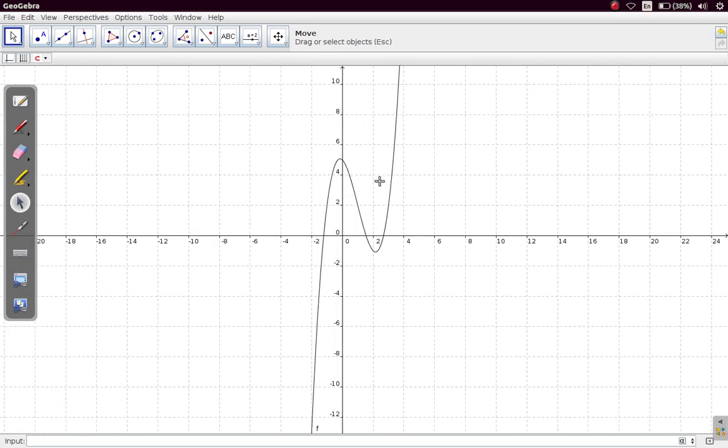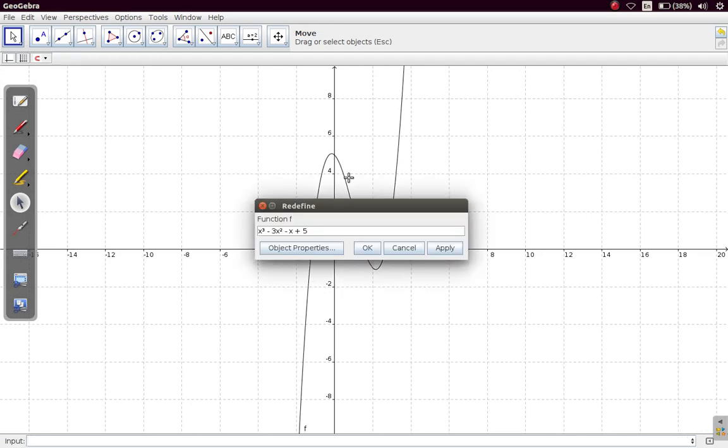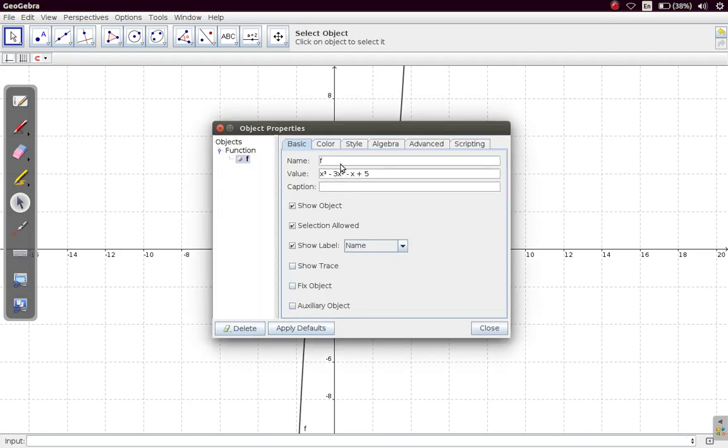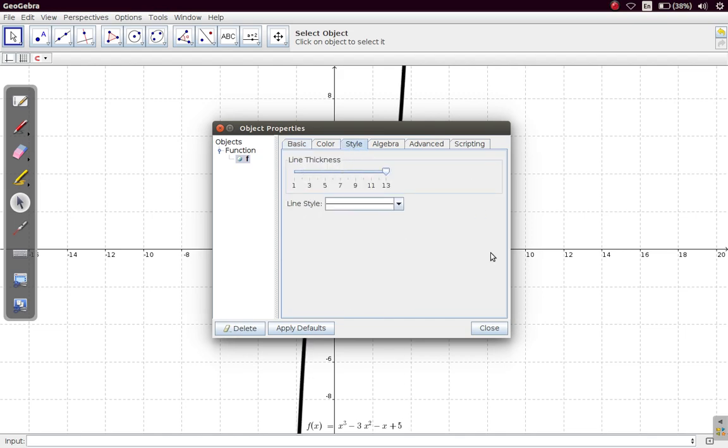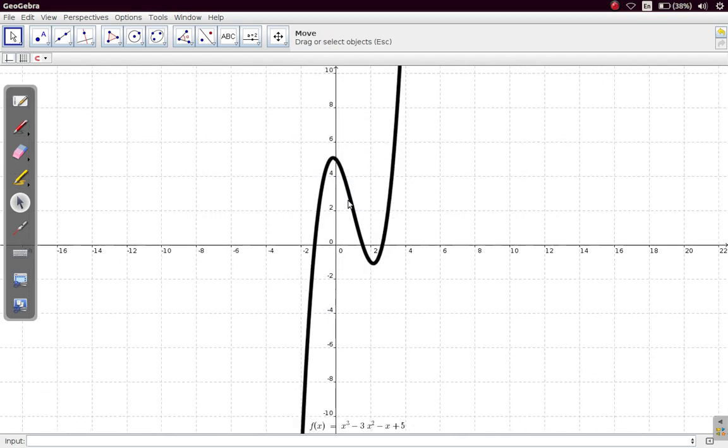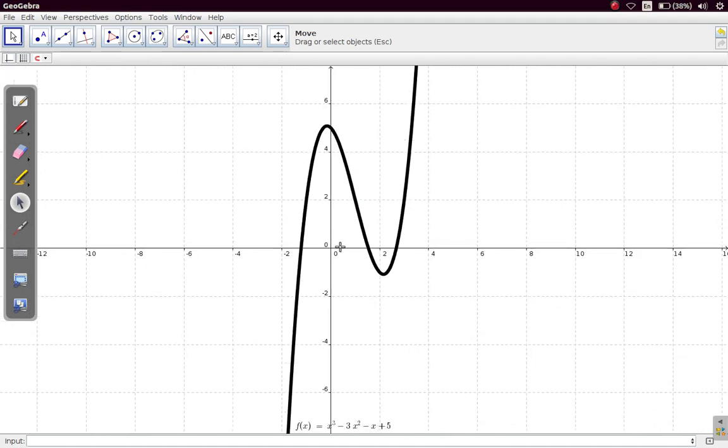Alright. In fact, let me fix up the curve. Yeah, the color is okay. I like to see the function that we're plotting. Let's make it thick. Alright, let's take a closer look at this thing.